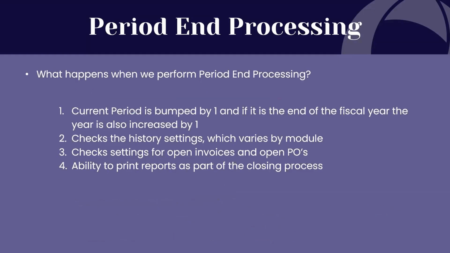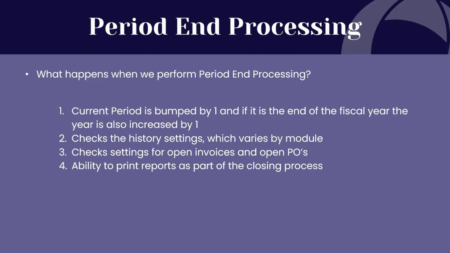Another question people ask is what happens when we do our period end processing. The one thing that every module does is it will bump the current period by 1. And then, of course, if you're at the end of your fiscal year, it will move the year up by 1 too. Then, depending on which module you're in, it checks the history settings.